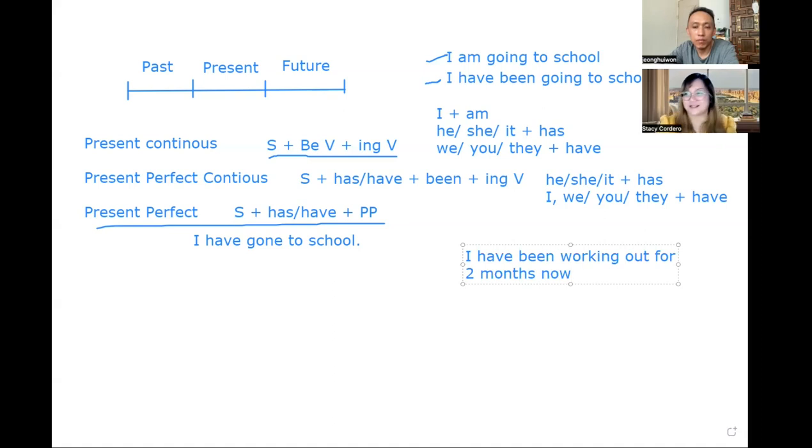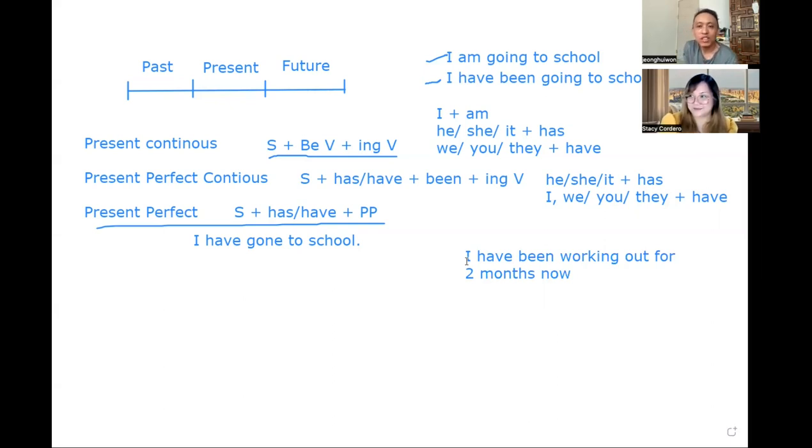So how can you explain to me what this sentence means? Or give me an example. I started working out 2 months ago, and I'm still working out.